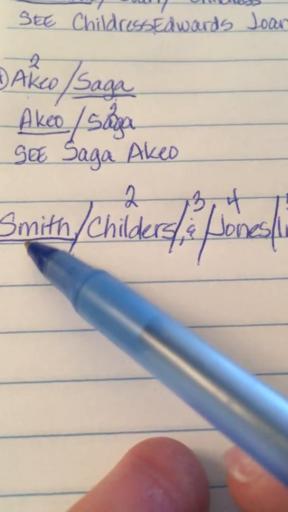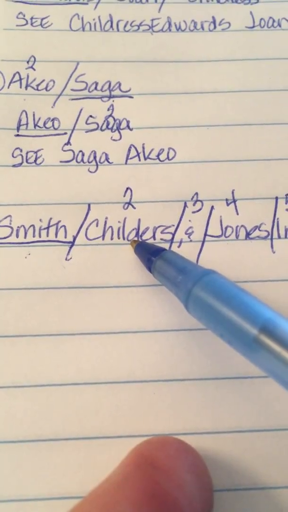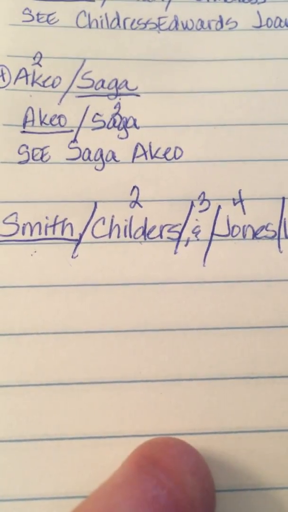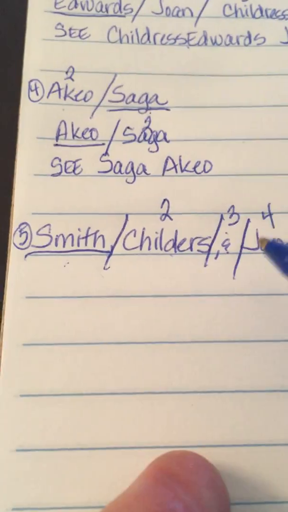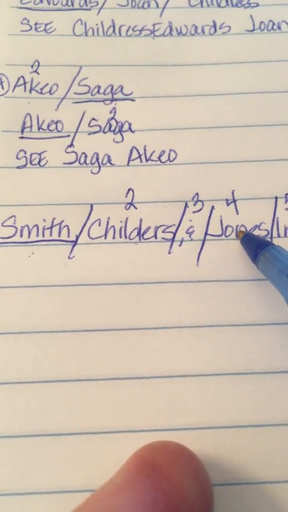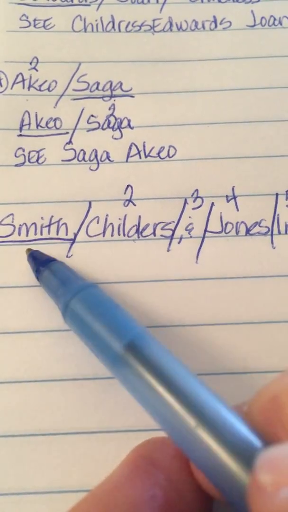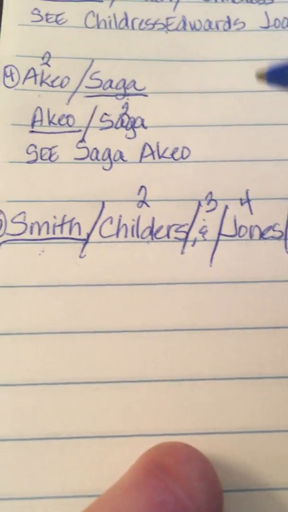You'll go to the S. But again, if someone only knows Childers, what are you going to do? You need to have a cross-reference that starts with Childers as a key unit and a cross-reference that has Jones as a key unit, in case people only know one of these names and not all three.